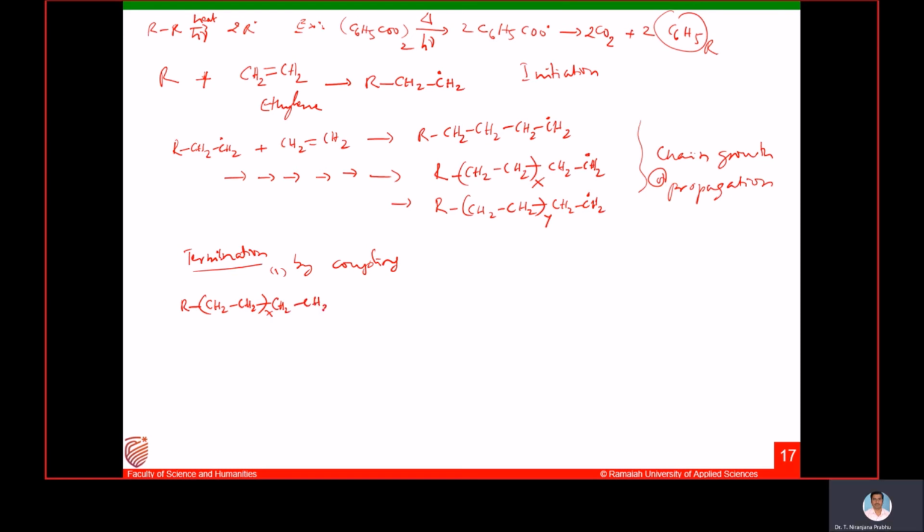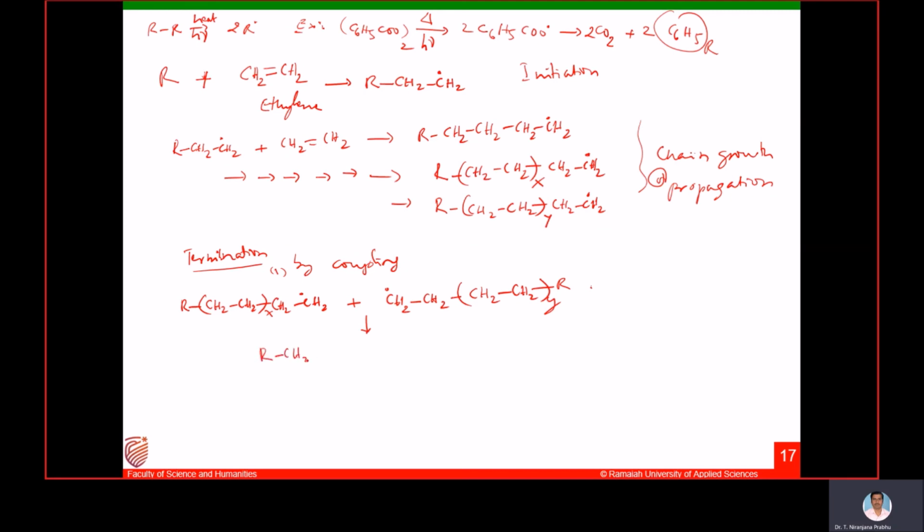CH2 CH2 dot plus this. I will write in the reverse direction so that you can understand easier. CH2 CH2, CH2, Y times. Okay, X times, Y times. Now this will combine to give one big polymeric chain.